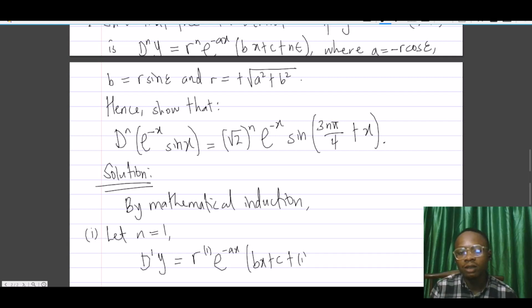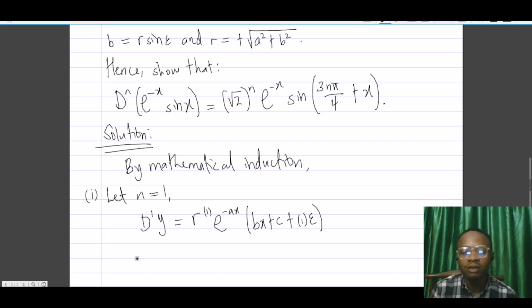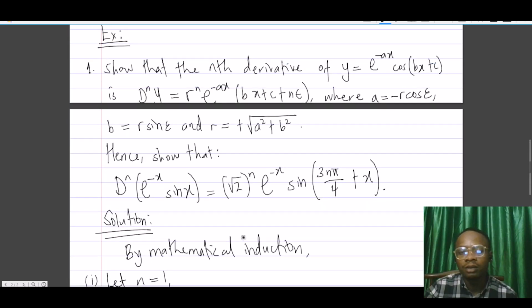Our n is 1, then multiplying epsilon, then we close this bracket. So basically, this is telling us that for our first derivative, we should have r e to the power of minus ax, and this should carry cos. That's an error in the question. This will be cos of this expression, please.